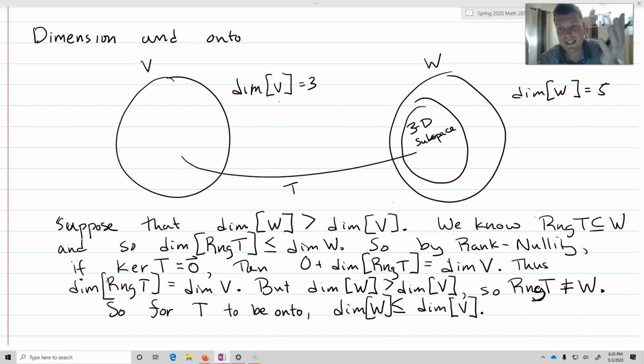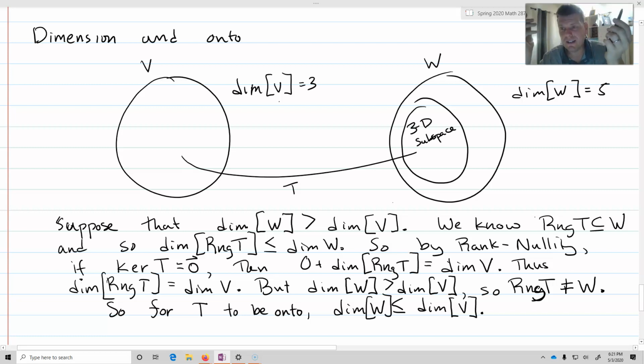Thus the dimension of the range of T is equal to the dimension of V. But we just said the dimension of W is greater than the dimension of V, so the range of T cannot equal W. It's not going to happen.